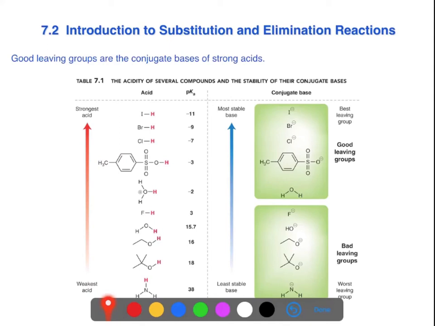In addition, another commonly used leaving group, sometimes referred to as a pseudohalide, in the sense that it's not a halide but acts as a very good leaving group, is the conjugate base of para-toluenesulfonic acid. The conjugate base of this acid is known as para-toluenesulfonate, which is shortened to tosylate, and it is often abbreviated as shown here.